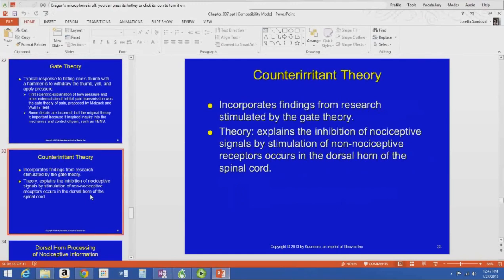So this is what is considered to be the current thinking, the modern version of the gate theory. It incorporates findings from the research that resulted from gate theory, and it explains the inhibition of nociceptive signals by stimulation of non-nociceptive receptors in the dorsal horn of the spinal cord.